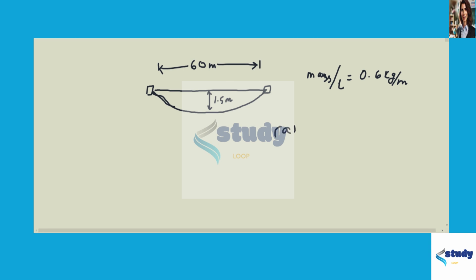It is asked to calculate the maximum tension in the cable, and in part B it is asked to get the total length of the cable, the length of this complete path, that's denoted by S. So we have to find this too. Let's say that we denote this sag by H, 1.5 meters.